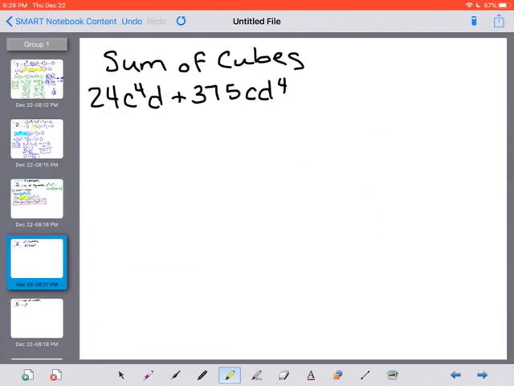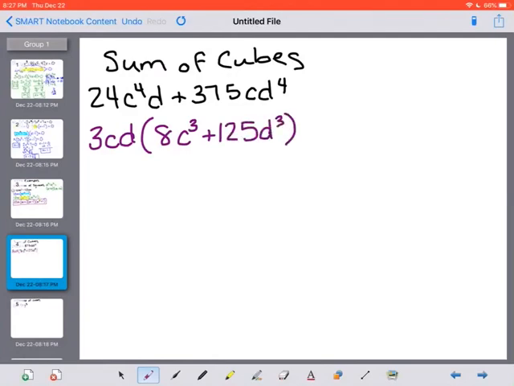Looking at the next example here, I have sum of cubes. So first, again, I want to check to see if there's a GCF. There is. It's 3cd. So now I'm left with 8c cubed plus 125d cubed. Remember, I want to break these down into their cube roots.